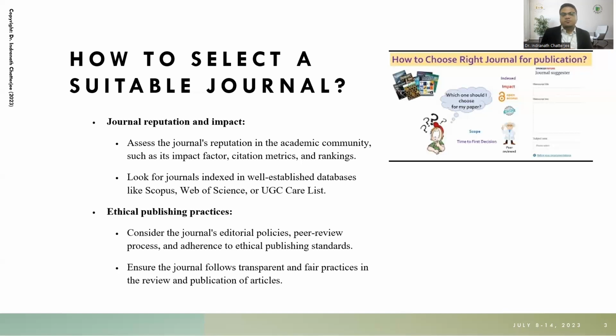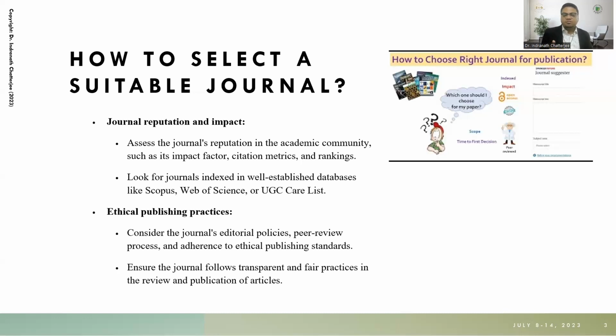So there are four kinds of quartile: quartile 1, Q1, quartile 2, Q2, quartile 3, Q3, and quartile 4, Q4. These four quartile categories are measured by SCImago, and it shows in the ranking.